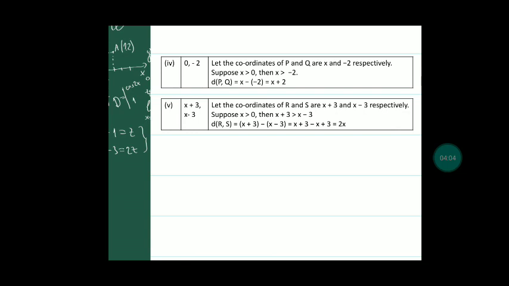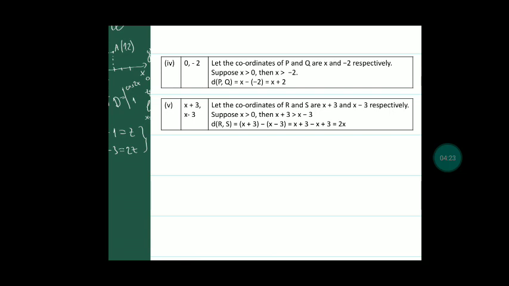Fifth pair is x plus 3, x minus 3. Let the coordinates of R and S be x plus 3 and x minus 3 respectively.